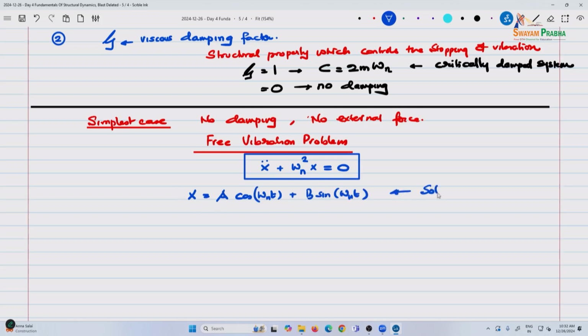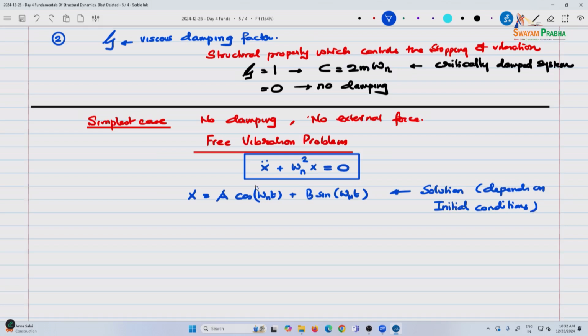Now, this solution depends on initial conditions, which is when time equals 0. Again, my observation is that even at graduate level, people sometimes tend to see initial and boundary as the same. Initial is related to time and boundary conditions come in omega n.